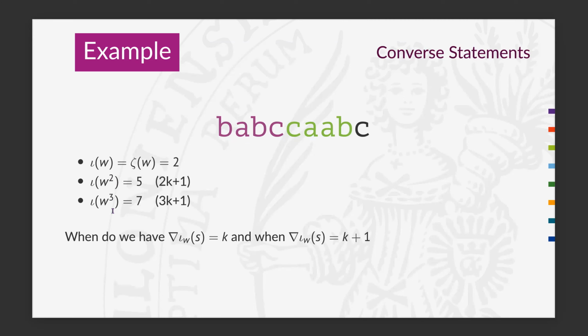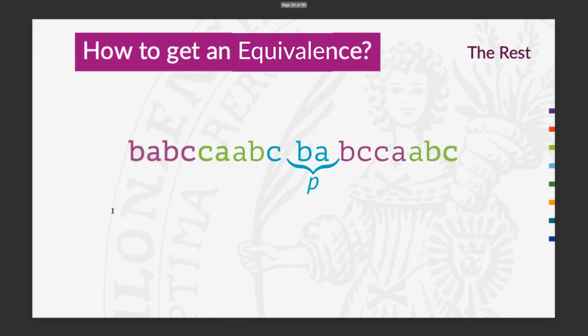Question, when is nabla K and when is nabla K plus 1? And this has again something to do with the rest, with the arch factorizations from both sides. So arch factorization from the left ends here, C is the rest. Arch factorization from the right ends here, and here you find a prefix which matches the rest.